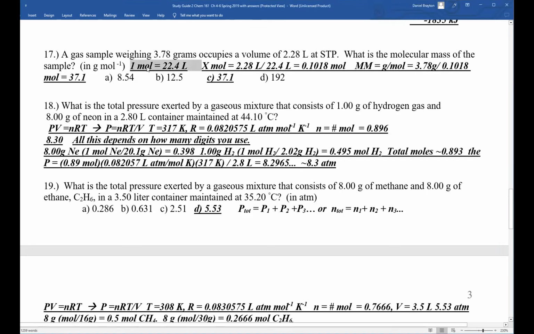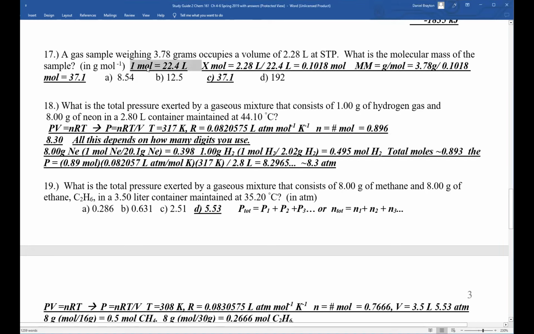What's the molar mass of the sample? So we know that it's 22.4 liters for 1 mole. And so if we have 2.28 liters, then we're really close to 1/10. But if we divide it, we see it's 0.1018, and then who knows how many digits continued.